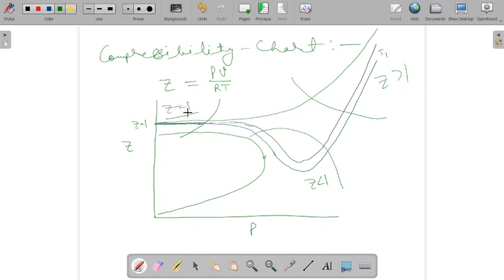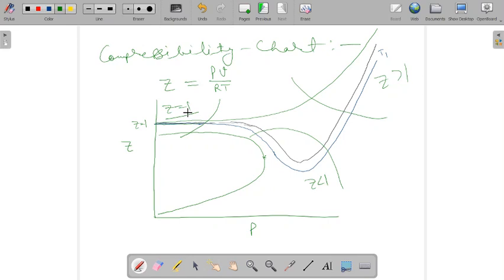At very low pressures, the density of gas will be less. If the density of gas is less, then molecules will be far away from each other. If molecules are sufficiently away from each other, they will not have intermolecular attractions. So intermolecular forces are weak.